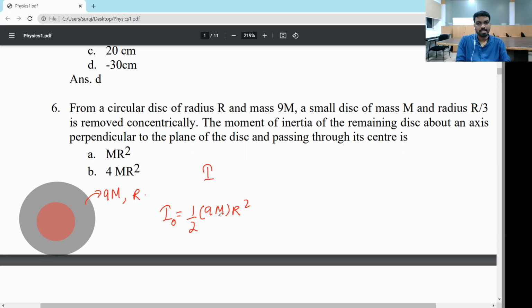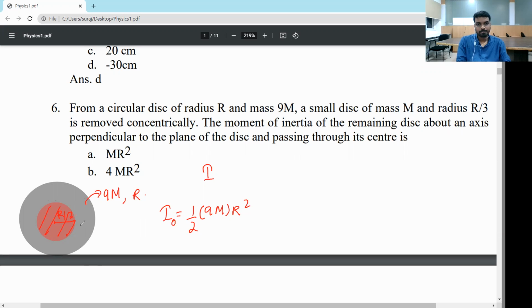Original disc, what is the mass? 9m. Now I'm removing a disc of radius r by 3. I'm removing a disc of radius how much? R by 3. So if I remove r by 3, what is the mass of this disc which I'm removing? See, density is the same, right?